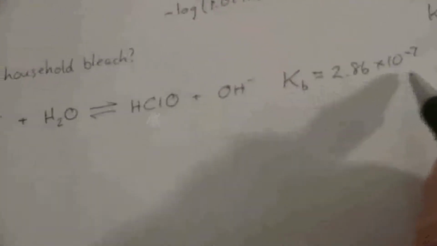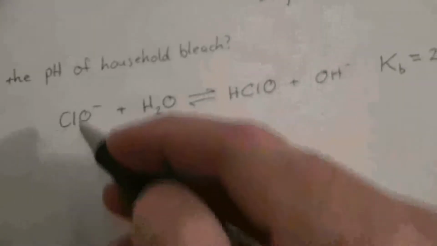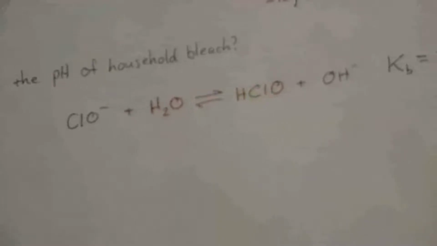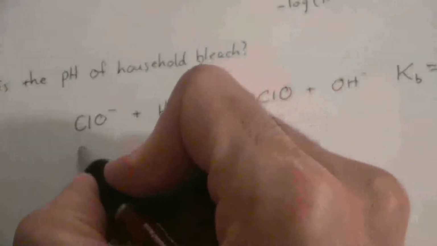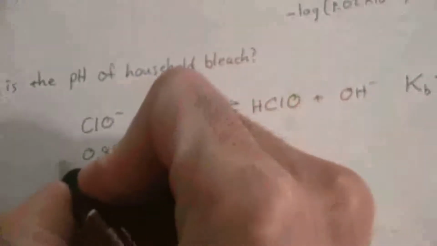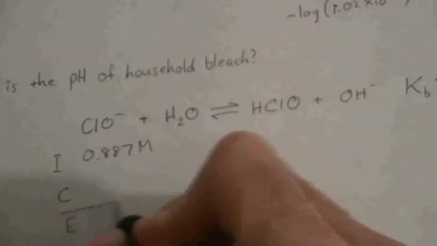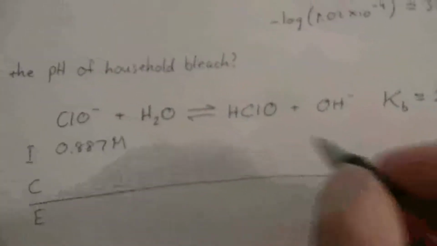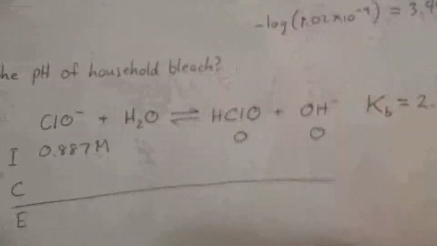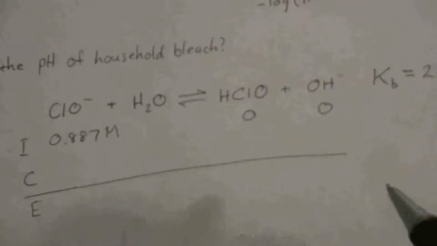Once we have our Kb, we've got our equation. We know our initial molarity, which we calculated to be 0.887 molar. That's the initial. We set up our ICE table like so. We don't care about the water. We don't have any of those to begin with.